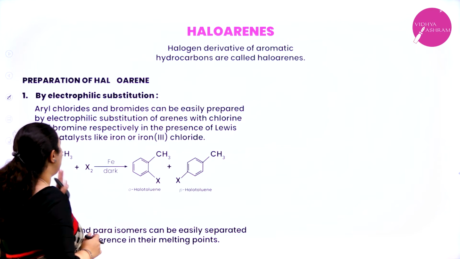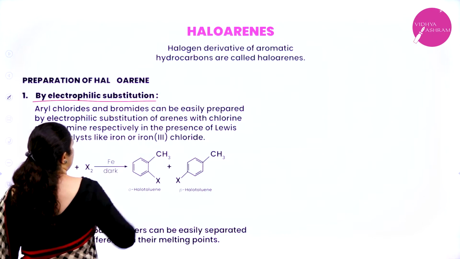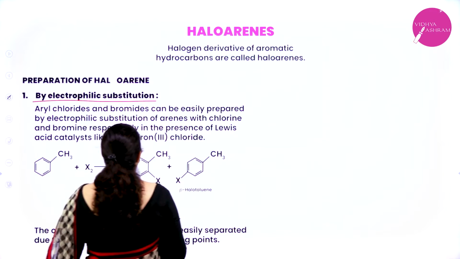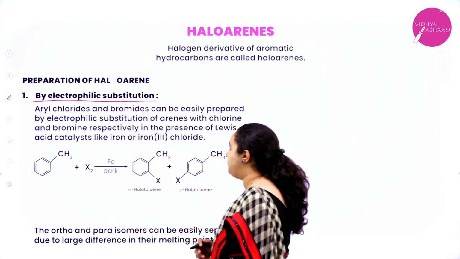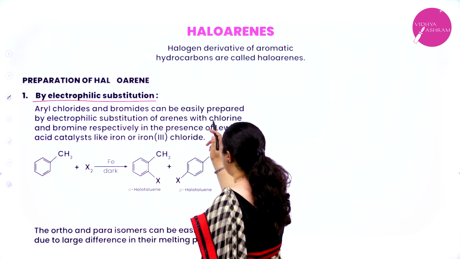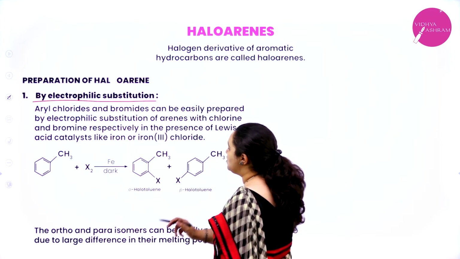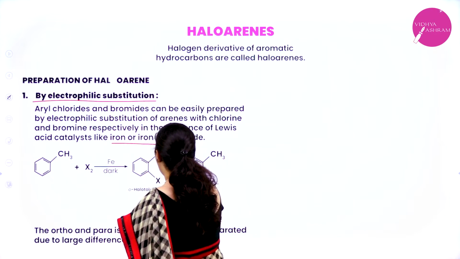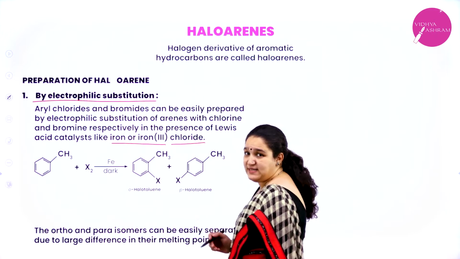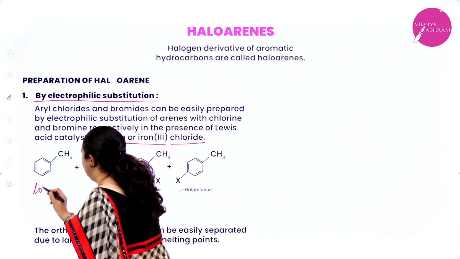First is preparation of haloarene, that is by electrophilic substitution reaction. Aryl chlorides and bromides can easily be prepared by electrophilic substitution of arene with chlorine and bromine respectively in the presence of Lewis acid catalyst like iron or iron chloride. For example, you are going to take toluene. Okay, this is toluene.